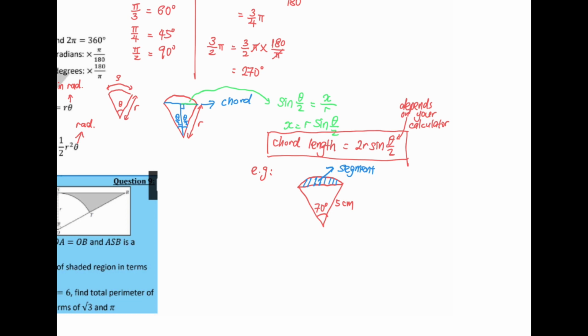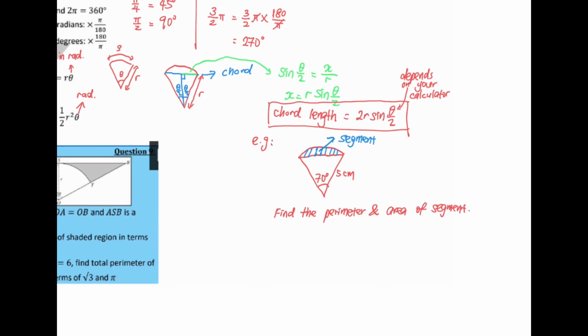So let's say find the perimeter and area of segment. Okay, so if you want to find the perimeter, basically you have to find the arc length, then you add up with the chord length. Okay, so I find the arc length first, then I will find the chord length, or I find it together.